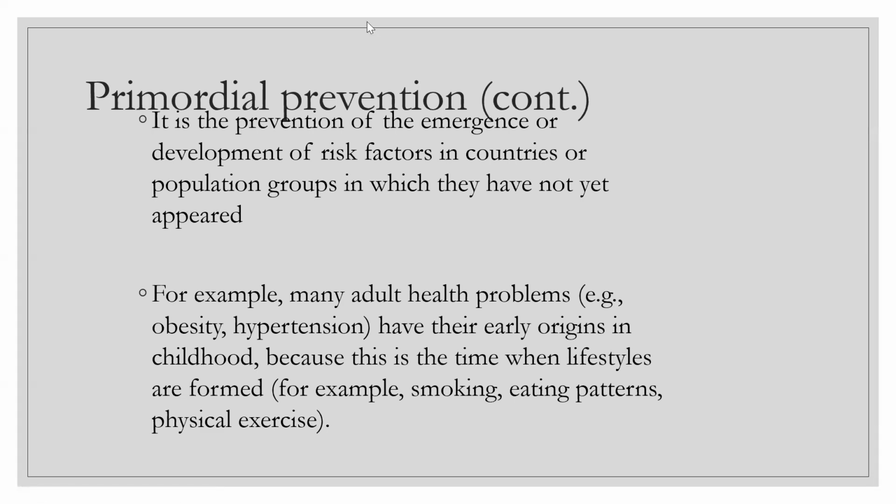You can only implement primordial prevention when the population group you are dealing with has not been exposed to any of these risk factors. Once exposure to risk factors occurs, you are no longer dealing with primordial prevention. You need to start thinking primary prevention.